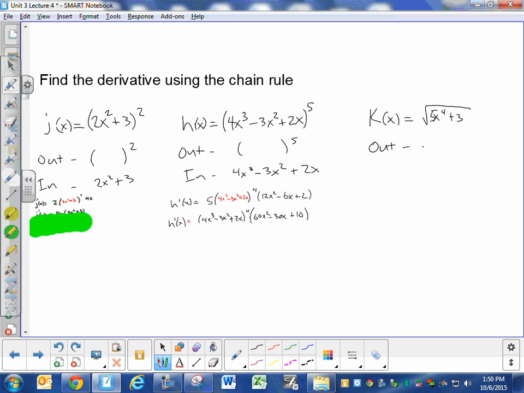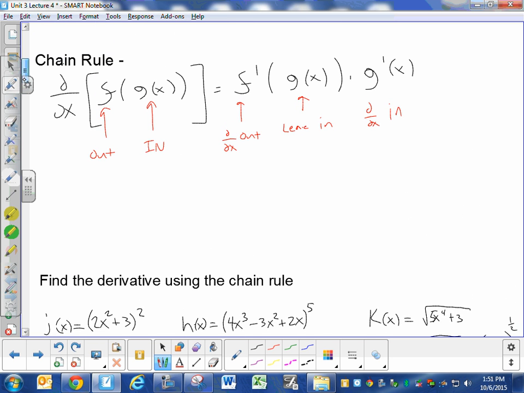Help your neighbor if he was taking the quiz. Just use the rule if you haven't done it yet. Derivative of the out, leave the in, times the derivative of the in.